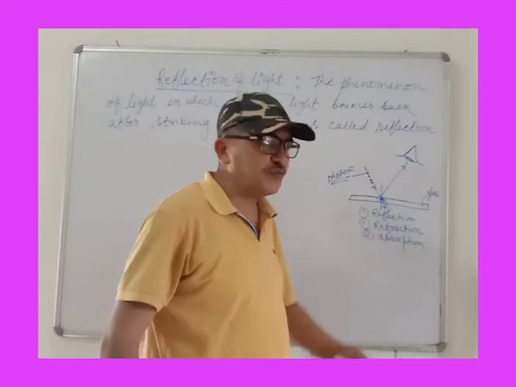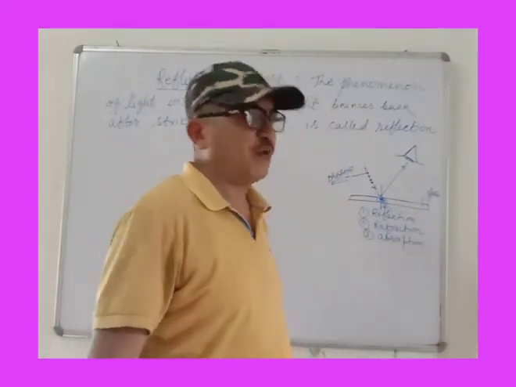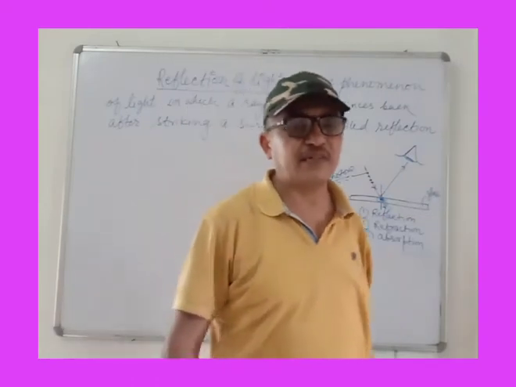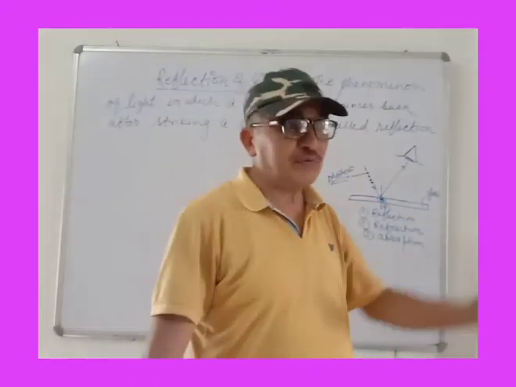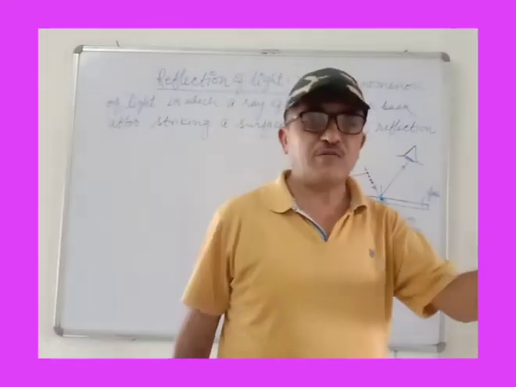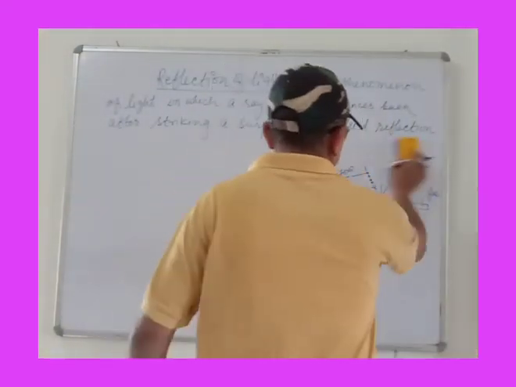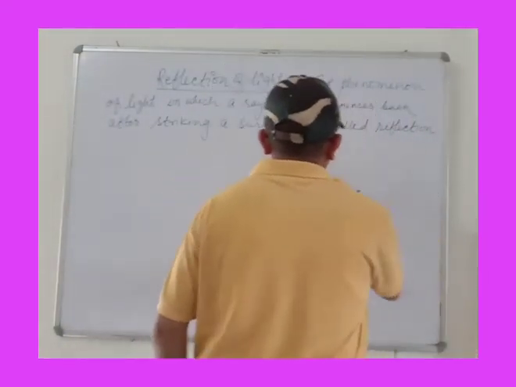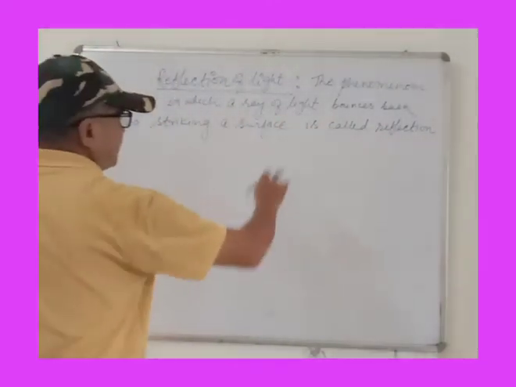We are assuming that all the light is getting reflected. What other things are happening there, we are not bothering about it. We just ignore. And when we study refraction and absorption, we have to deal with that phenomenon also. Clear, children? So this is the definition of reflection of light.